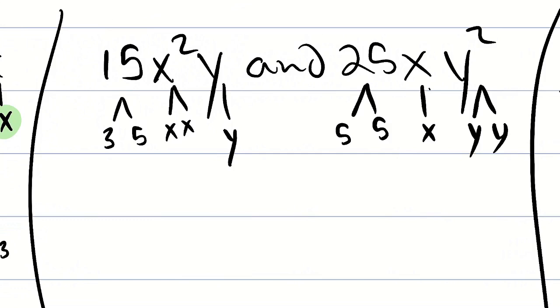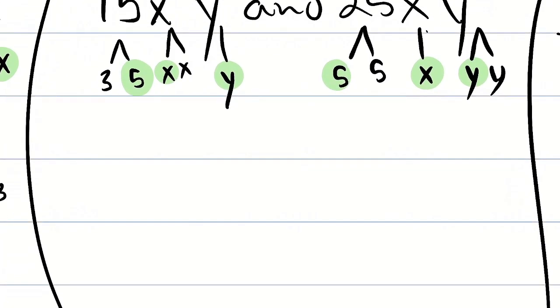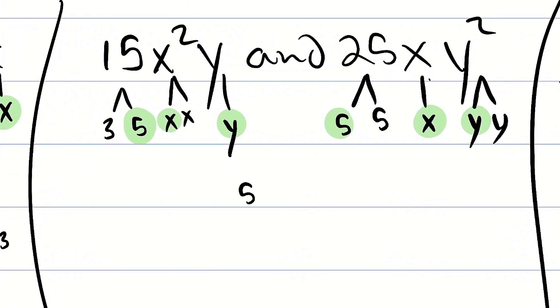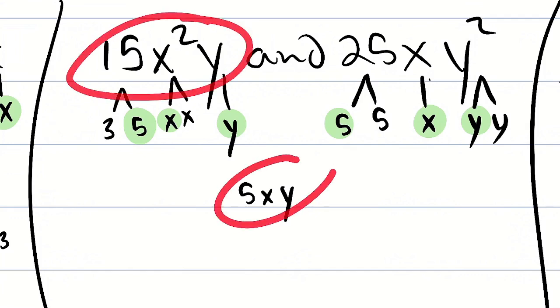So now we look at what these two have in common. They both have a 5, they both have an x, and they both have a y. So that means that our greatest common factor is going to be 5 times x times y. So again, you can check by dividing by 5xy.